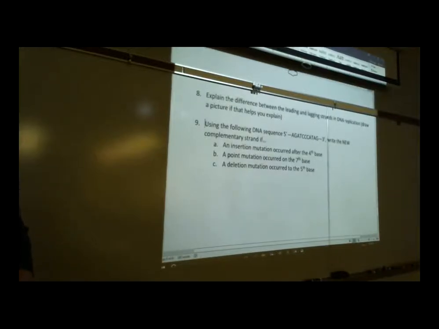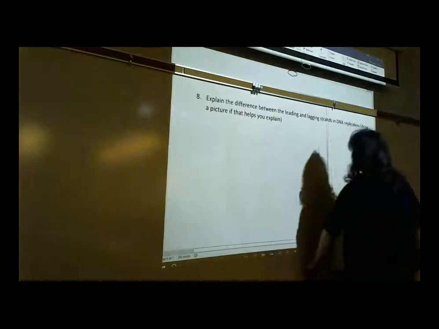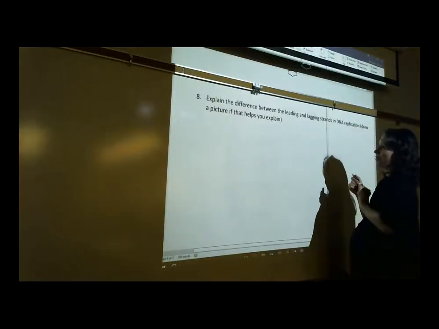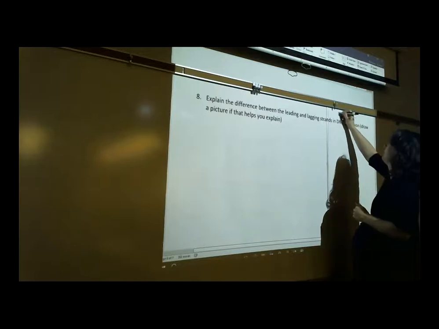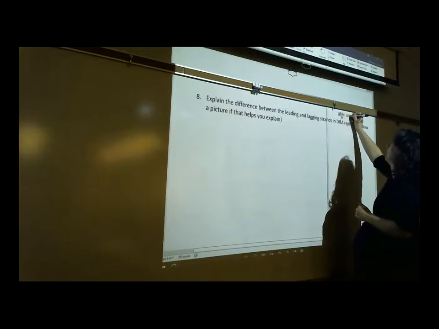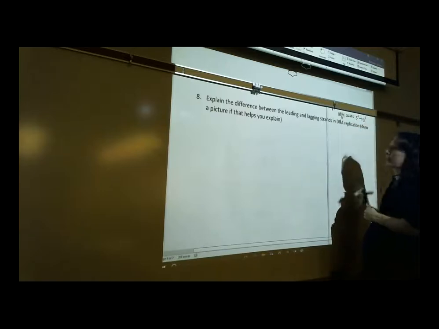Explain the difference between the leading and the lagging strands. And you can draw a picture if that helps. And I think it definitely helps to draw a picture. Although I don't claim to be good at art, I think a picture is definitely worth 1,000 words. So replication only occurs 5' to 3'.